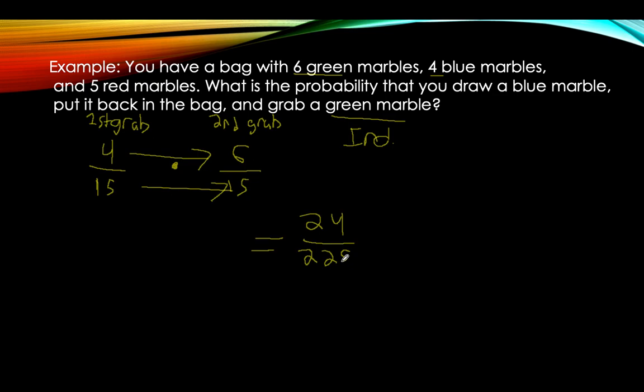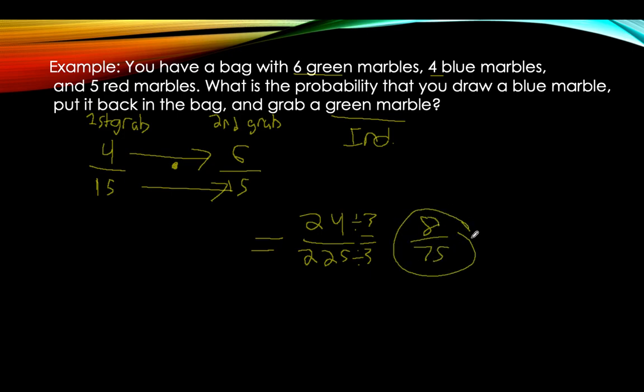Does that simplify? It does simplify. 3 goes into both of these, so you could divide both by 3. So that would equal 8 over 75.